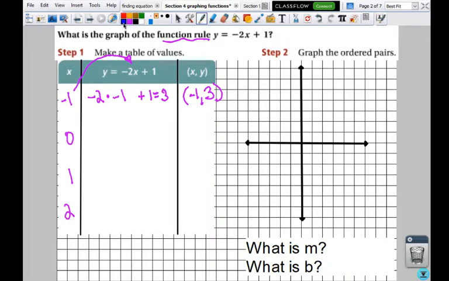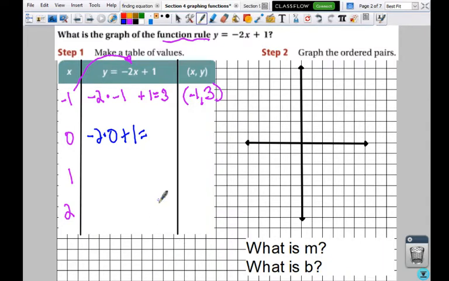But before I do that, I'm going to have to plug in all these other ones. So for my next one, this time I'm going to plug in 0 for my x. So I'm going to go -2 times 0 plus 1. And I'm going to plug that into Desmos and see what I get.